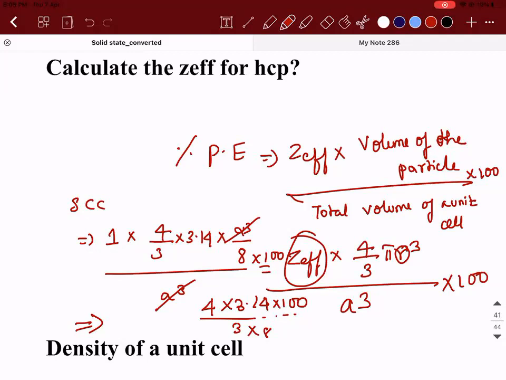Here I'm saying in terms of BCC and FCC. Compare for BCC and FCC. For SCC you have said 52.4, right? What is it for your BCC?